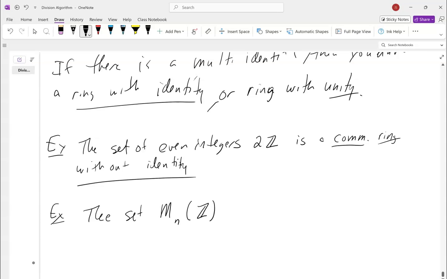And so you'll know that it's square. Okay. So the M is matrices. The N says it's N by N. The inside here where I put the parentheses says what type of objects you're going to put in for the entries. So these are square matrices with integer coefficients or integer entries.